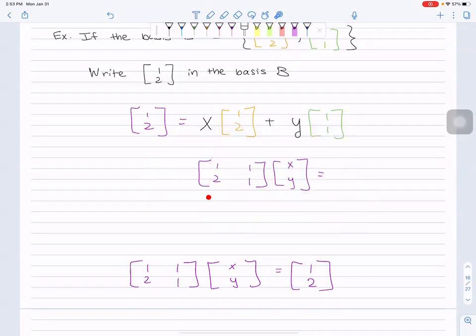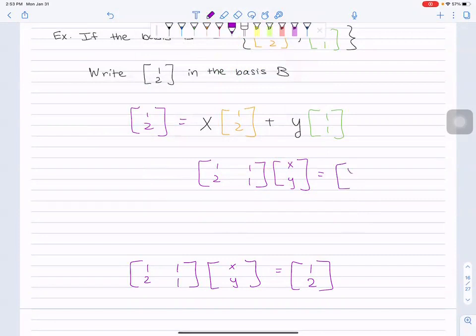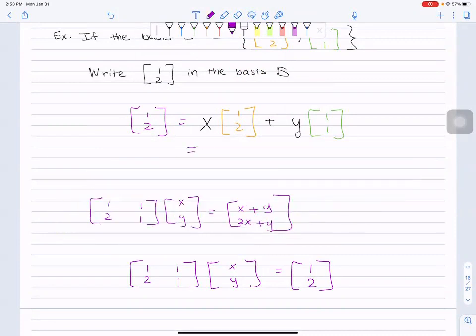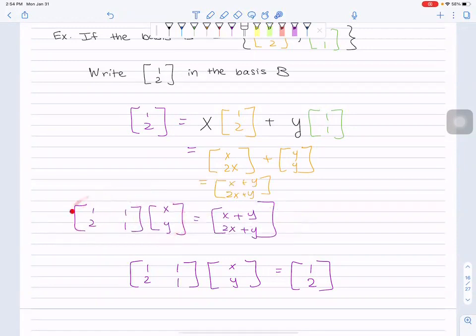If we write it as the orange vector as the first column, 1, 1 as the second column, times x, y, and you're multiplying this, how do you multiply things? You write x plus y, 2x plus y. And if you extended this top part, you get x times 1 plus y times 1, which is x plus y, and 2x plus y. So that's how you can check that you're writing things in the correct order. So we know that we need to set this matrix multiplication equal to our answer.